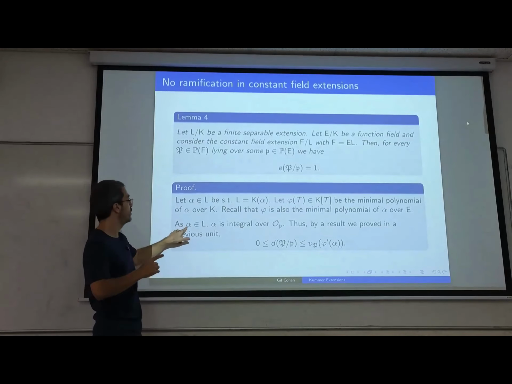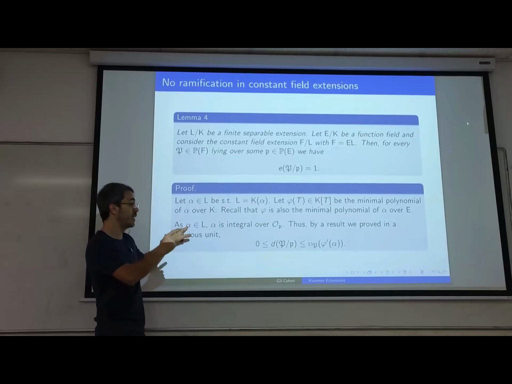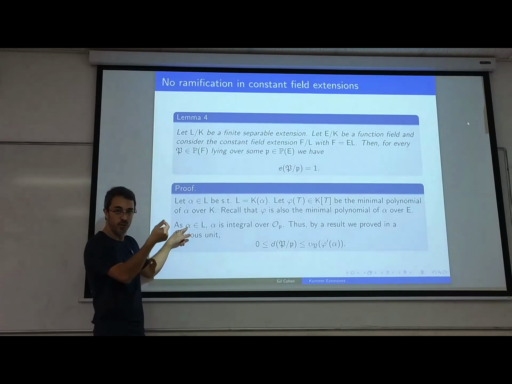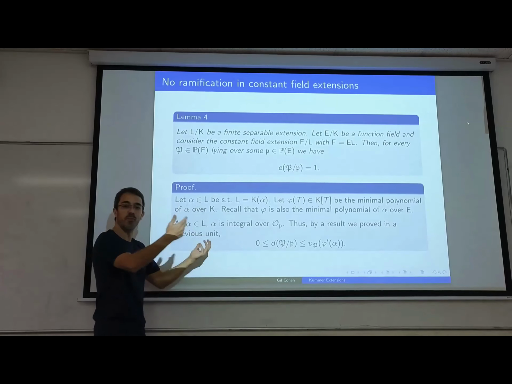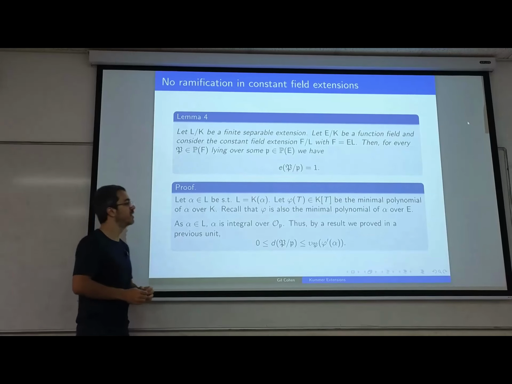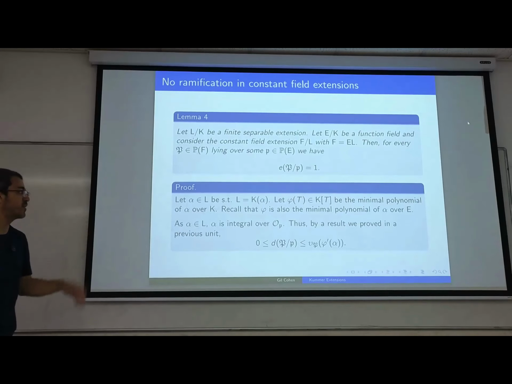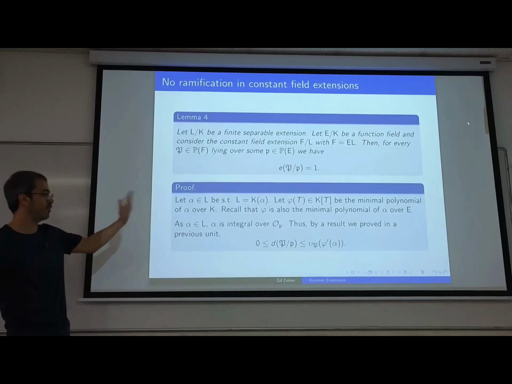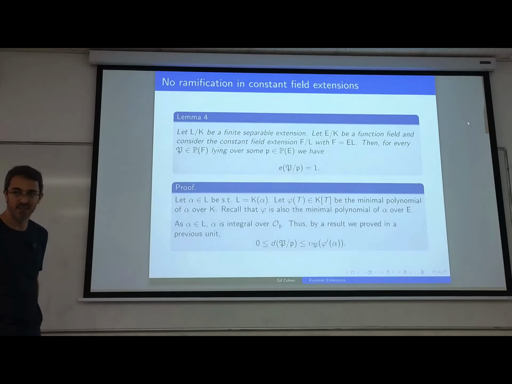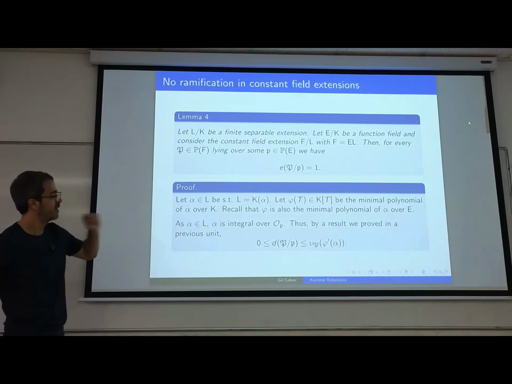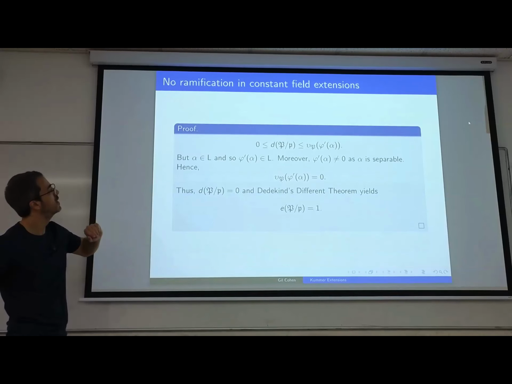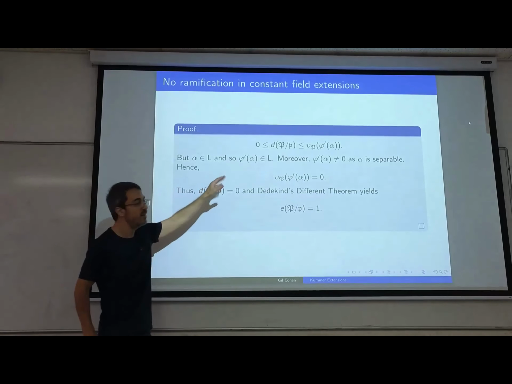Because the minimal polynomial of alpha is a polynomial over K, the coefficients are in K, and K is always in every OP. They're just constants, everywhere defined, in particular at p. Okay, so you have that. I just copy that to the first line here.